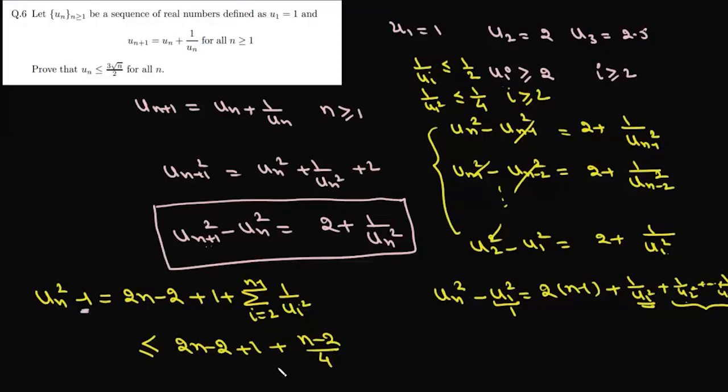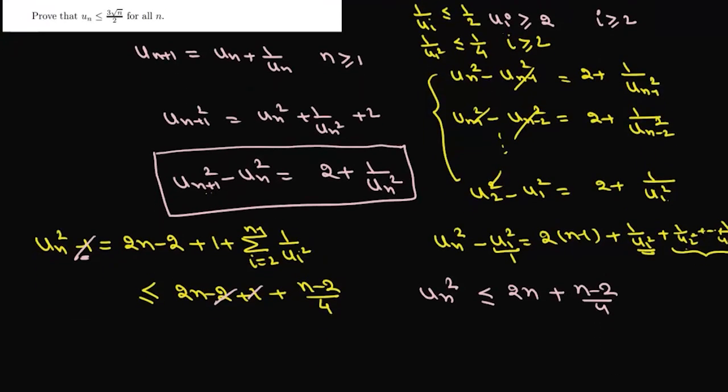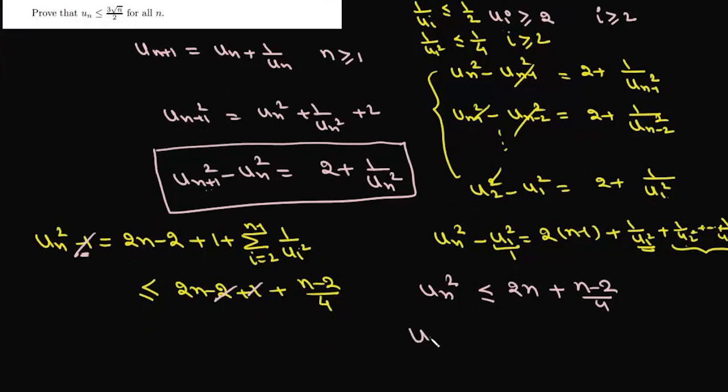So we will take this 1 on the right hand side. So this 1, 1 and 2 will cancel. So we can write Un square will be less than or equal to, now this is 2n plus n minus 2 by 4, or we can write Un square is less than, now this is 9n minus 2 by 4.